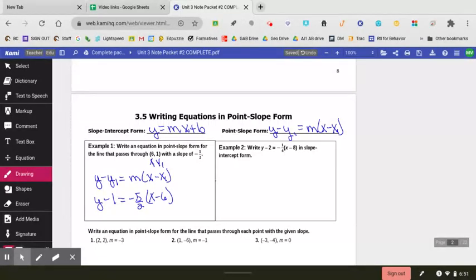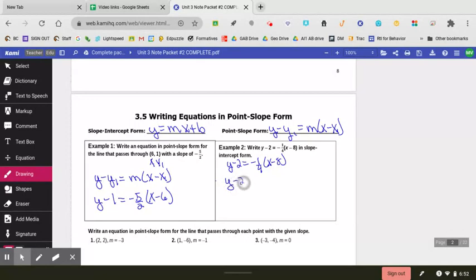Example 2, I want to write y minus 2 equals negative 1/4 (x minus 8) in slope-intercept form, which means I want to transform that equation so that it's in y equals mx plus b. The first thing I'm going to do is get rid of those parentheses, so I'm going to use the distributive property.